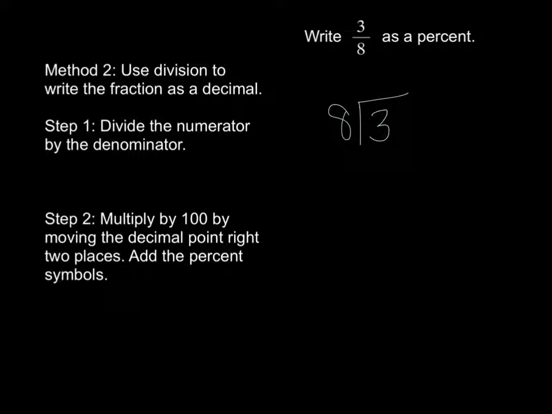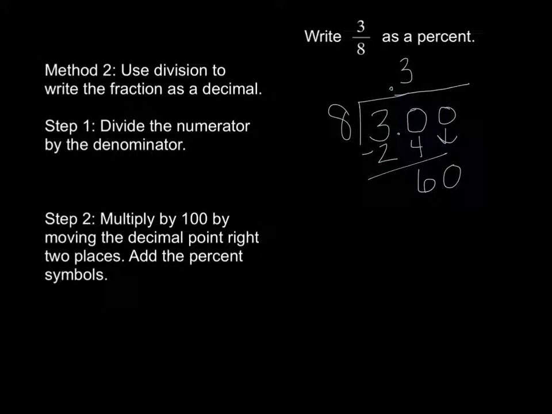Now, we want this to be a decimal, so I know I'm going to add my decimal already. Because 8 doesn't go into 3, I need to add a 0. 8 goes into 30 3 times, minus 24. That would give me 6 left over. Now, I'm going to just add another 0. 60. 8 goes into 60 7 times, and that is 56.